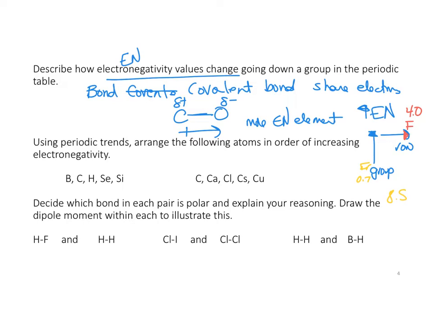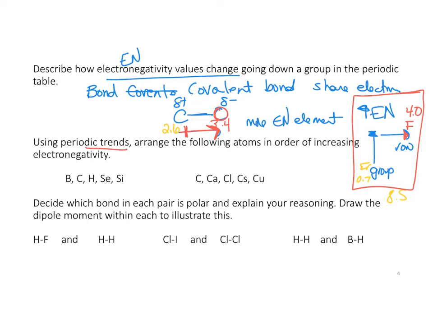You can see that carbon has a value of 2.6 and oxygen has a value of 3.4. So 3.4 wins, and those electrons, in this arrow, are going to push towards the oxygen, leaving carbon slightly positive. You don't have to memorize those numbers, but you do need to have this trend memorized.